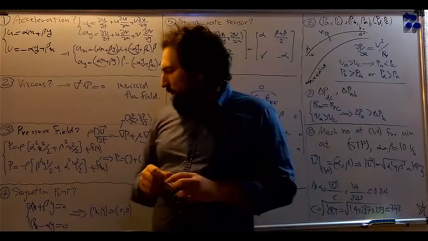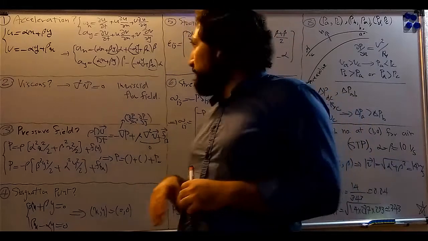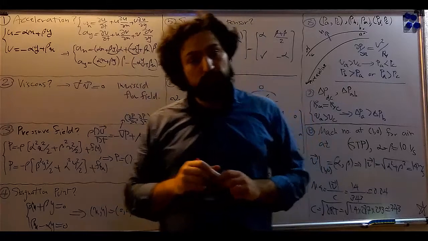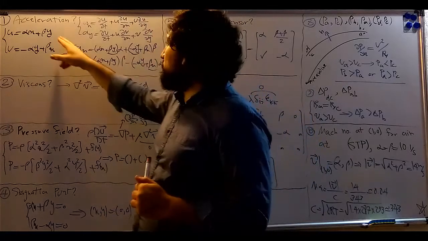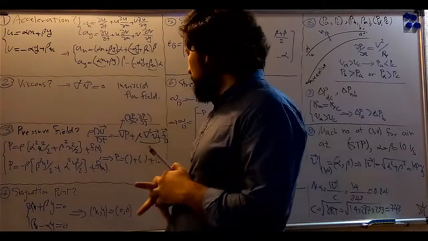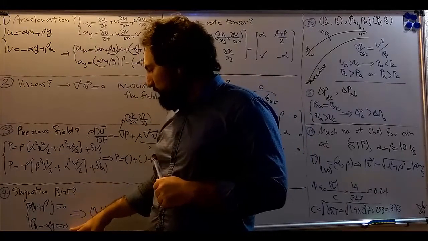Question number 4. Where is the stagnation point of this flow? The velocity at the stagnation point is 0. So both velocity components should be 0. And as you see here, this one equals 0, and the next one is also 0.